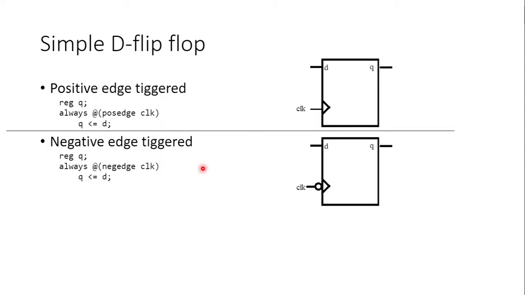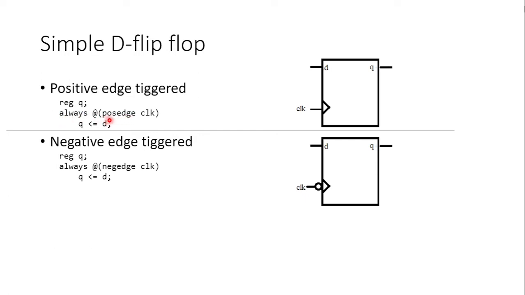Now we will take a look at Verilog code for a simple D flip-flop. So I have here two flops. One is a positive edge triggered flop and the other is a negative edge triggered flop. And these two flops do not have set or reset pins. The Verilog code for such a flip-flop would be, first we declare a 1-bit register by the name Q, and then we make it positive edge triggered.